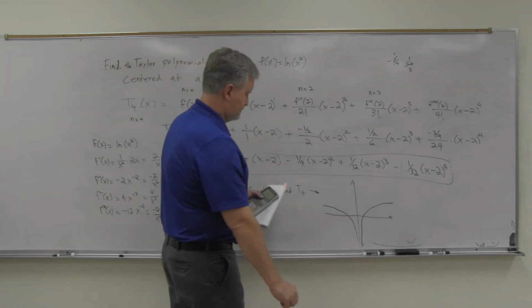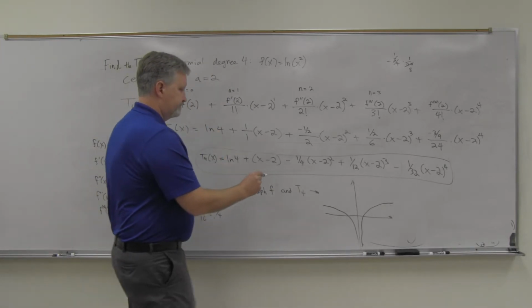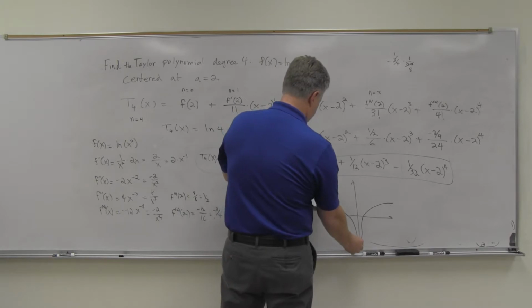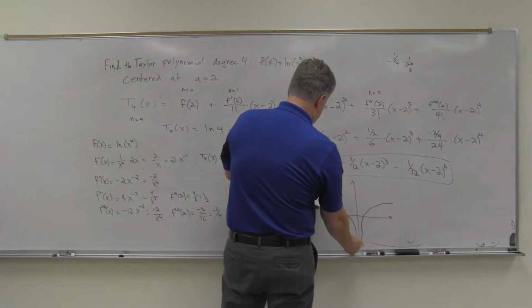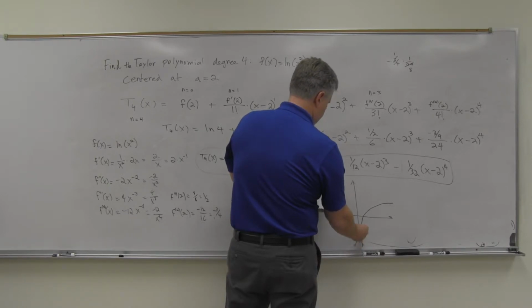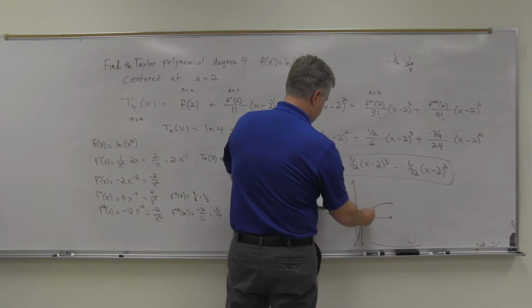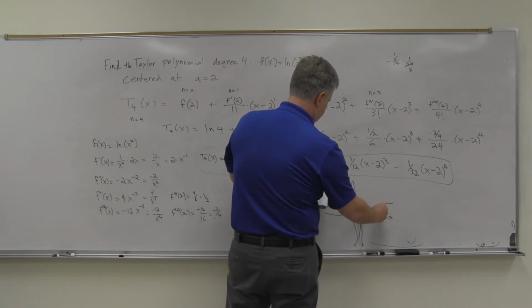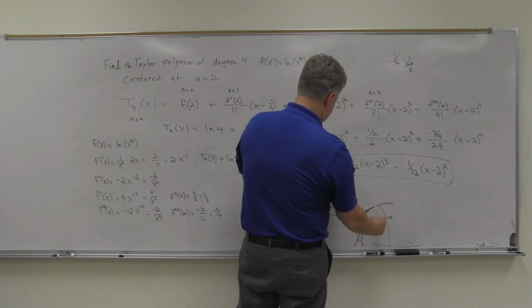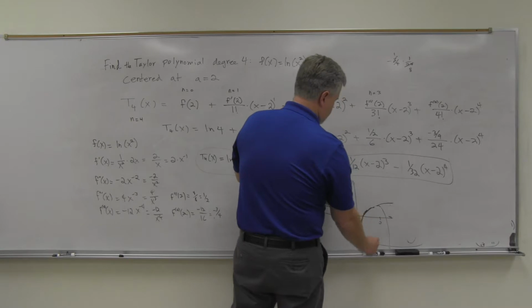Then T4 comes in, and it does something like this, and then just kind of drops off all of a sudden about 1, 2, 3, about at 3 there.